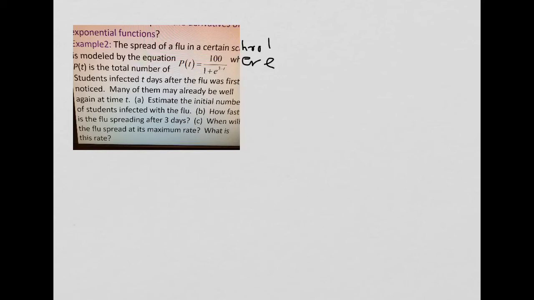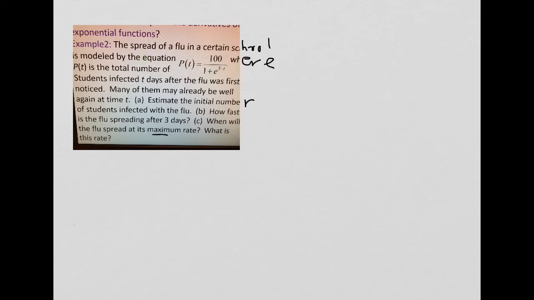A, estimate the initial number of students infected with the flu. B, how fast is the flu spreading after 3 days? C, when will the flu spread at the maximum rate? What is this rate? All right, so let's try tackling each one of these. In part A, we need the initial number of students, so that's when t is 0.